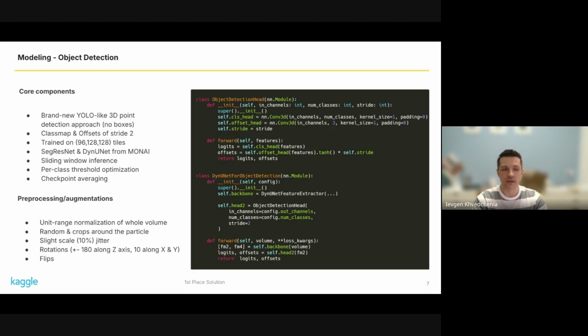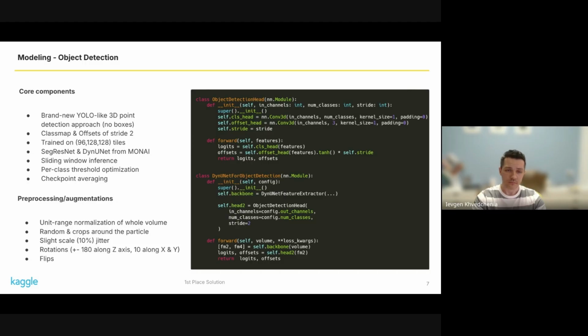So I used stride 2, and I trained on big tiles. I used the SegResNet and DynamicUNet backbones from the MONAI library as well for this 3D point detection approach.